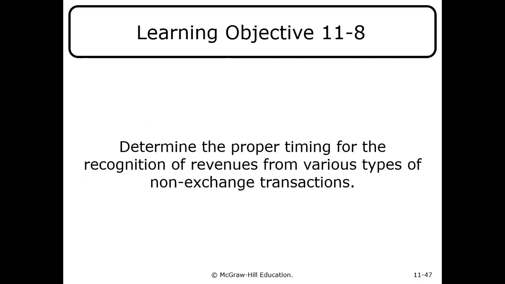Now, let me look at my notes here, things I want to point out to you. So when do we recognize revenues from various types of what we call non-exchange transactions? Because remember, the government isn't selling stuff. Not selling a service or a product, so there's no exchange occurring.